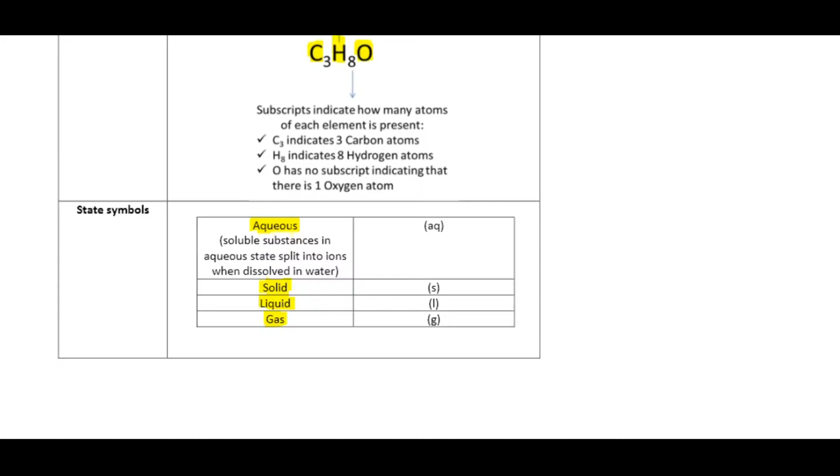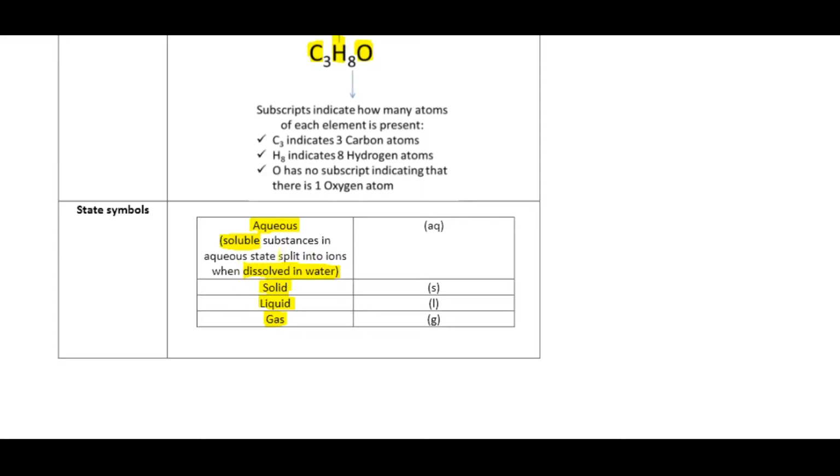What aqueous actually means is that basically the substance is soluble in water. So when you see the state symbol AQ, it means that the substance is being dissolved in water. And what happens when they dissolve in water?